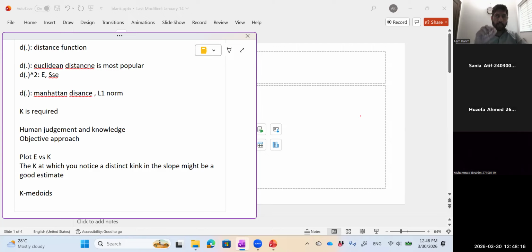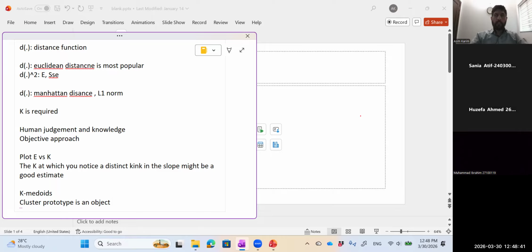So in this case, the cluster prototype is an object. It's an actual object in the data. It's not the mean. Okay? In K-means, it is a mean.